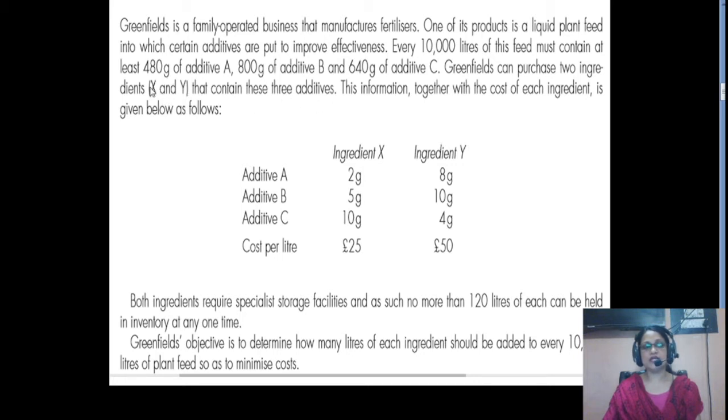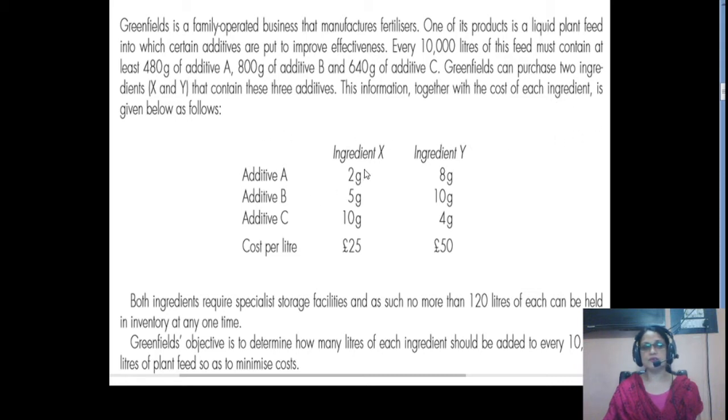So this 10,000 liters needs to have some additives, and these additives are present in two ingredients X and Y, right? This information together with the cost of each ingredient is given as below.